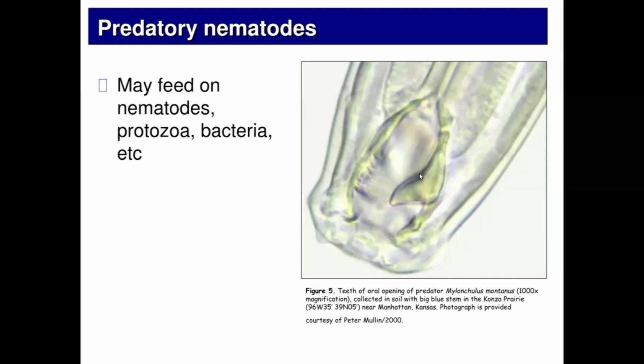Now, there was a study from Peter also that showed that, yes, these things feed on nematodes, but when they don't have these nematodes available, they also have some strategy in place to be able to feed on other protozoa or bacteria. I told you in the previous slide that they were first described this way.